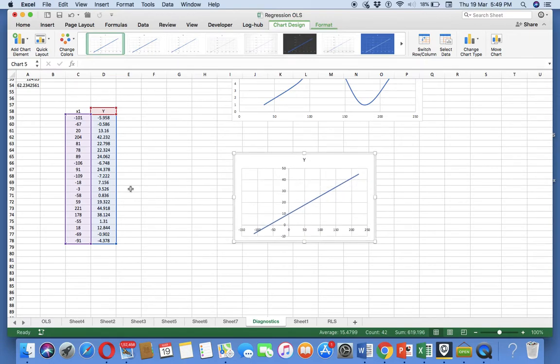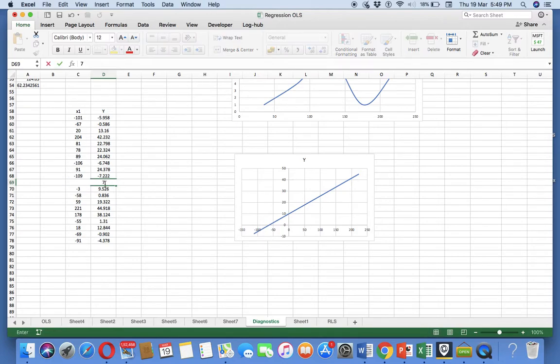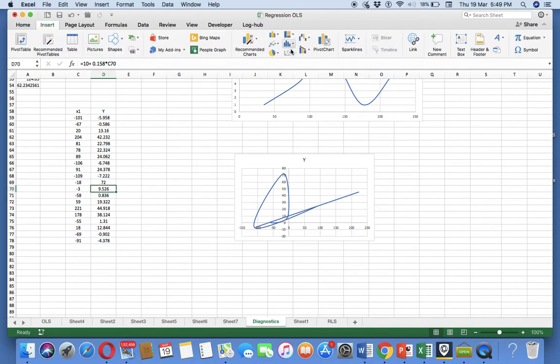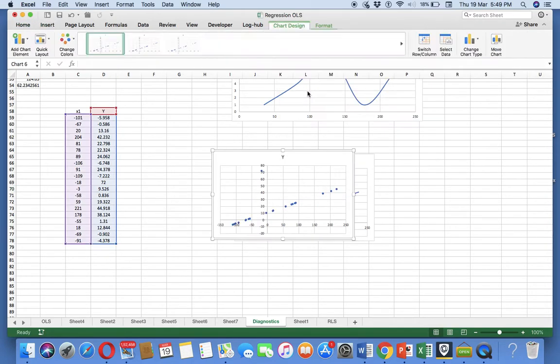But supposing I get a value like, say, 72. I'm creating an outlier here. So okay, you can see that this is an outlier. All right, that doesn't look good.